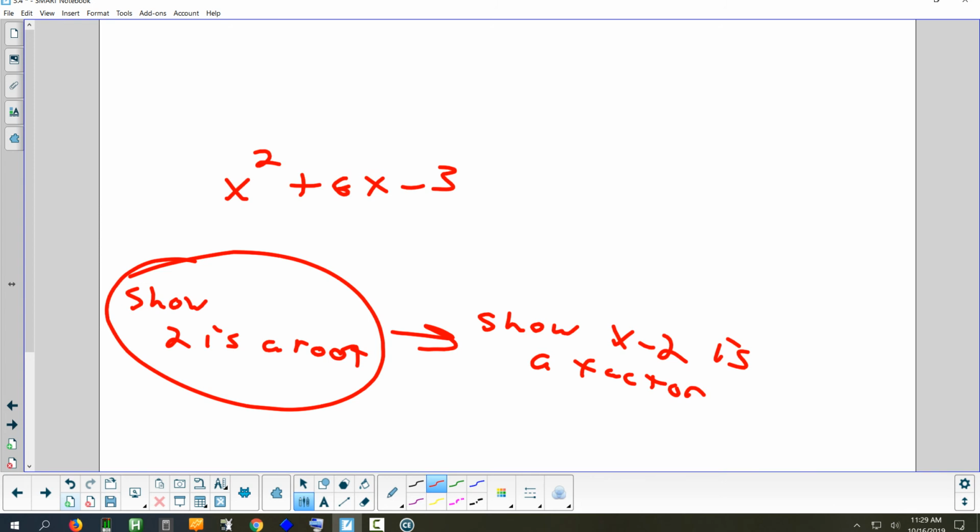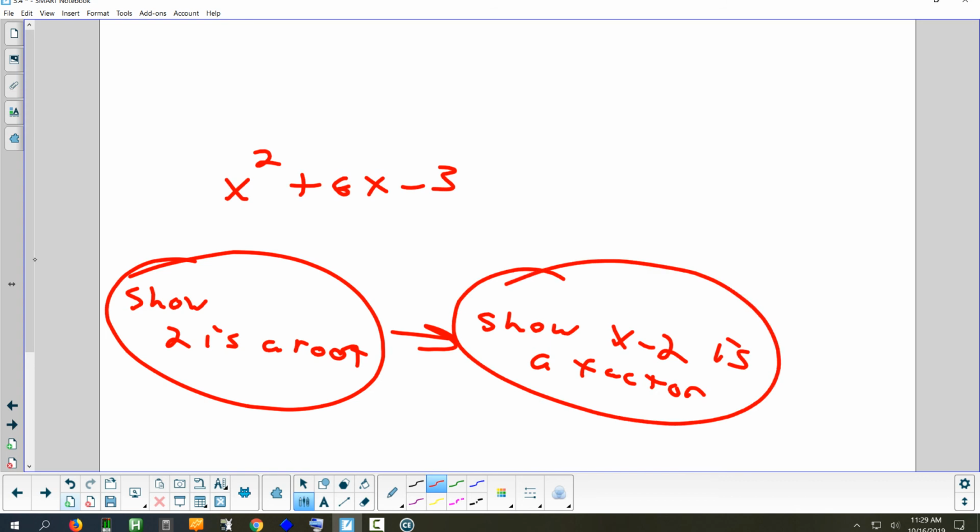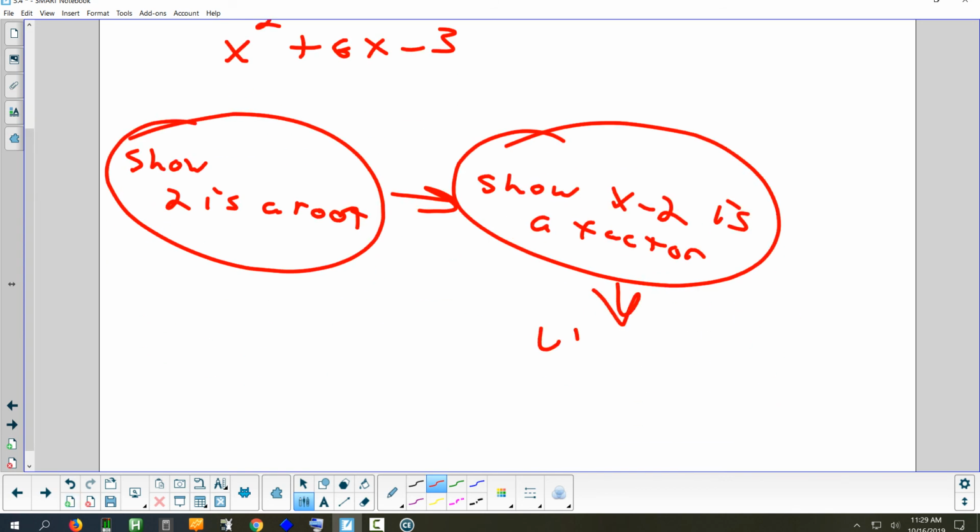So if you want me to show this is a root, I'm going to show that this is a factor. And how am I going to do that? Long division gives a remainder of 0. So you're going to do the division and get a remainder of 0.